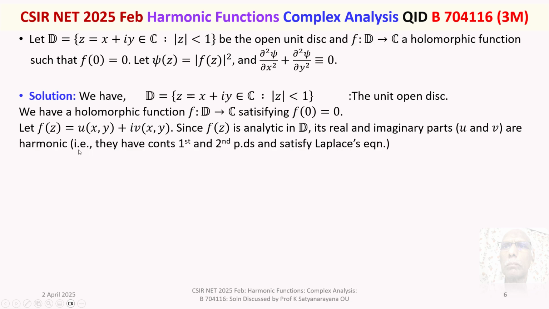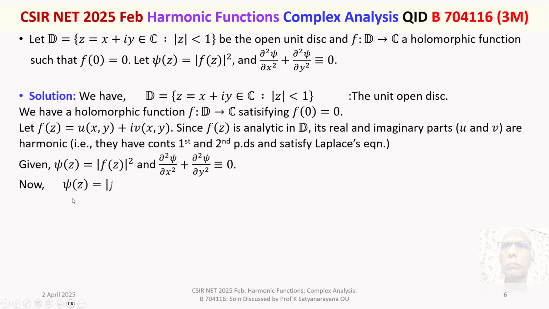Right. Given psi of z is equal to mod f(z) square, and del square psi by del x square plus del square psi by del y square is identically equal to 0. So, we have to find out del square psi by del x square. So, psi of z is mod f(z) square, f(z) is u plus iv, so mod f(z) square is u square plus v square.